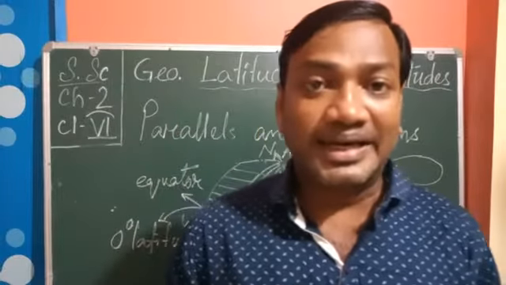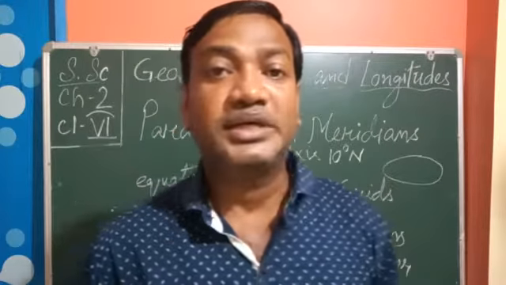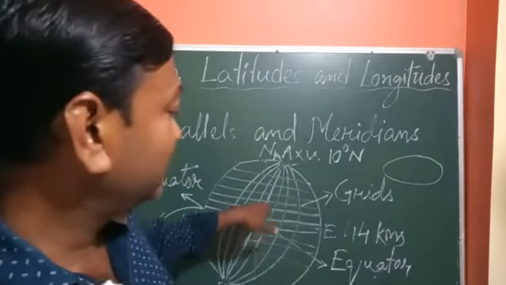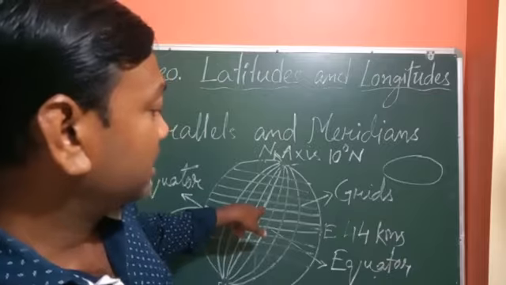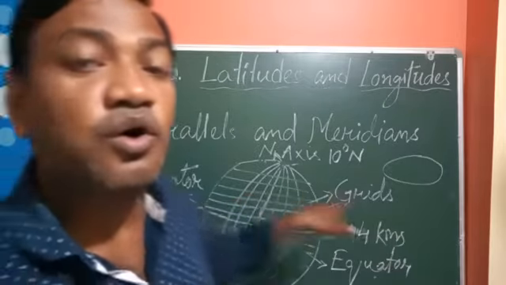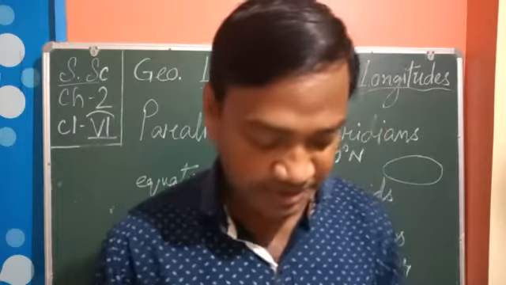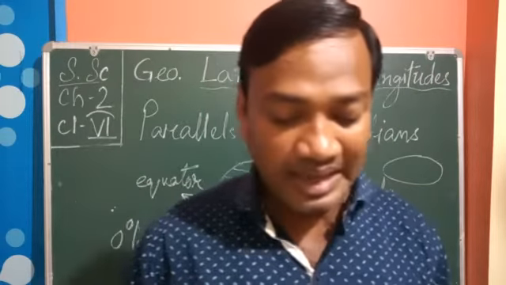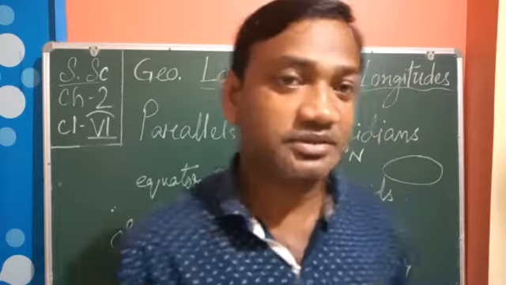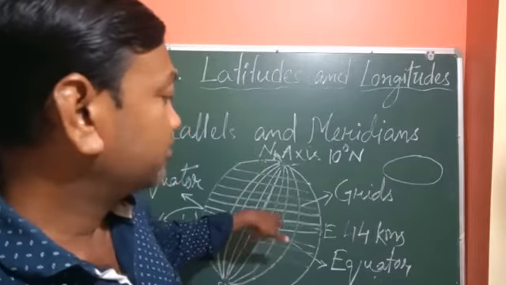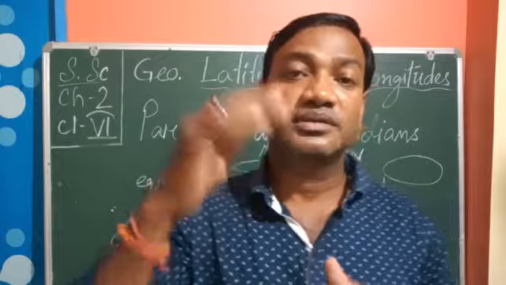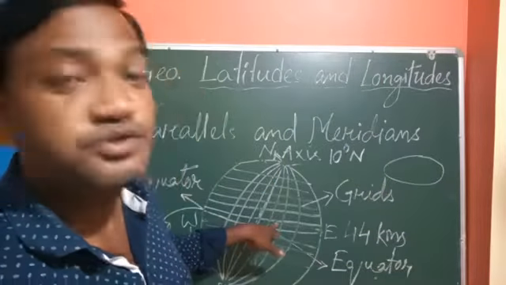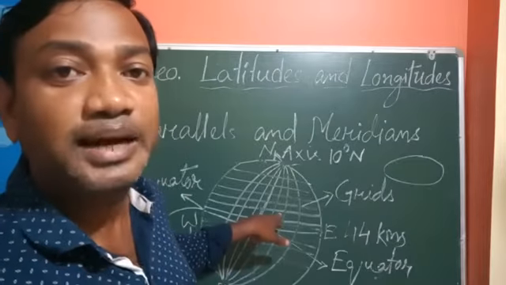All parallels are located at an equal distance from each other. The distance between any 2 parallels is at an interval of 1 degree. So the distance from one parallel to another parallel is the same. It is not that this line is 1 degree and this line is a 2 degree gap.